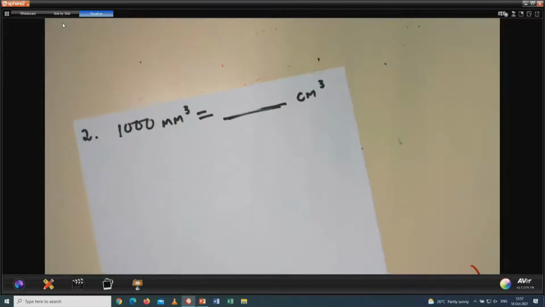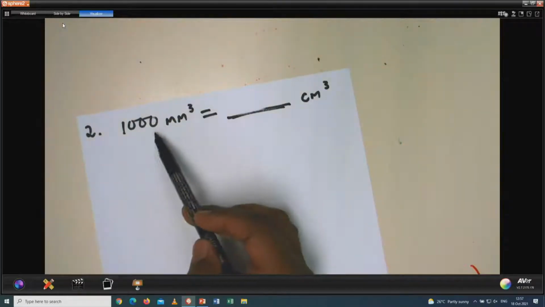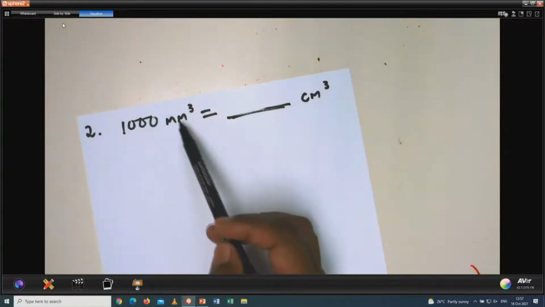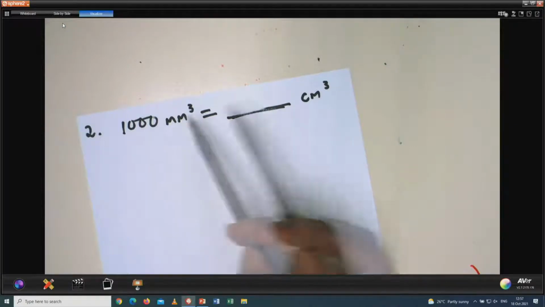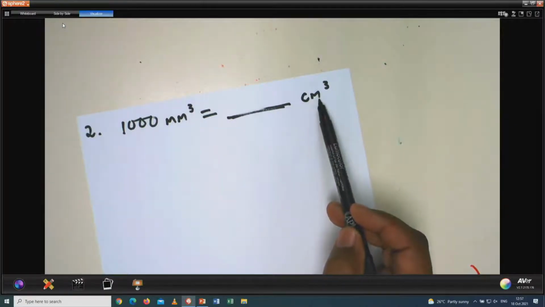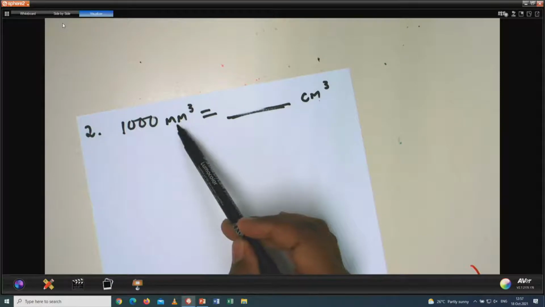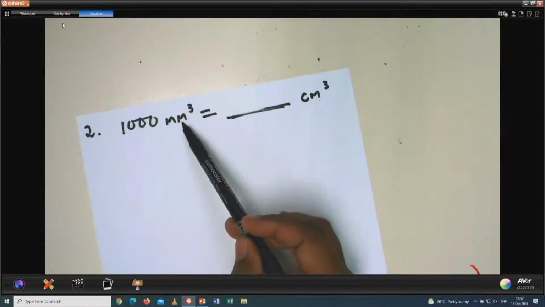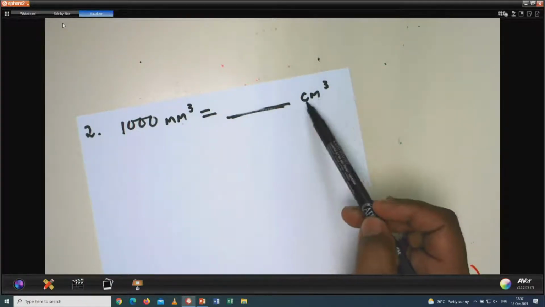Now let's have a look. We must convert the millimeters to the centimeters. Therefore, to be exact, we have cubic millimeters and cubic centimeters.